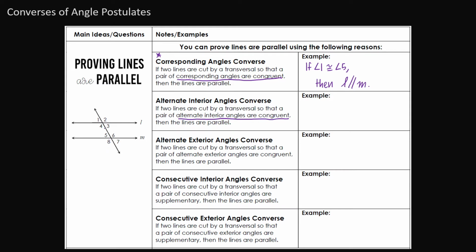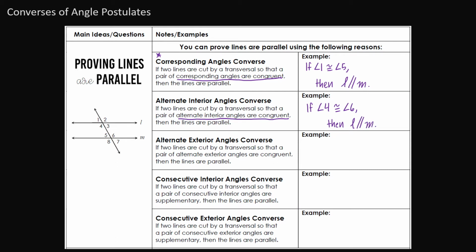If I look inside these parallel lines, or inside lines L and M, I can see angles 4 and 6, or 3 and 5. So let's just use angles 4 and 6 as our example. If angle 4 is congruent to angle 6, then line L is parallel to line M.